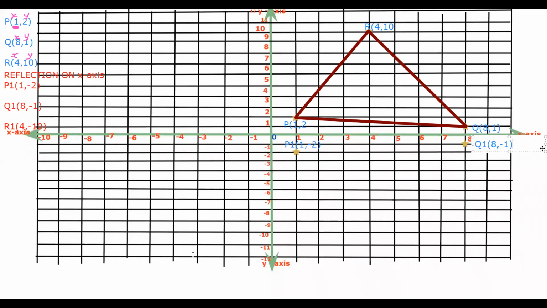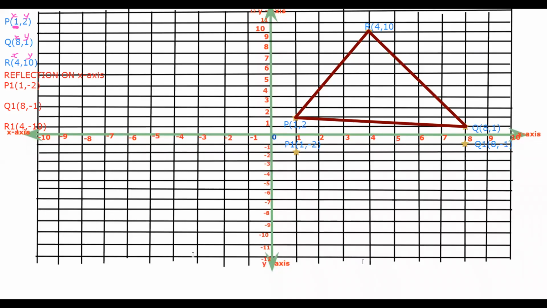Because that point is reflected on what? On x-axis, and you are protecting what? The x coordinate and negate the y coordinate. Okay, good. And then the last one is 4 and 10 formed by R1. So that is the 4 and the 10 is here.